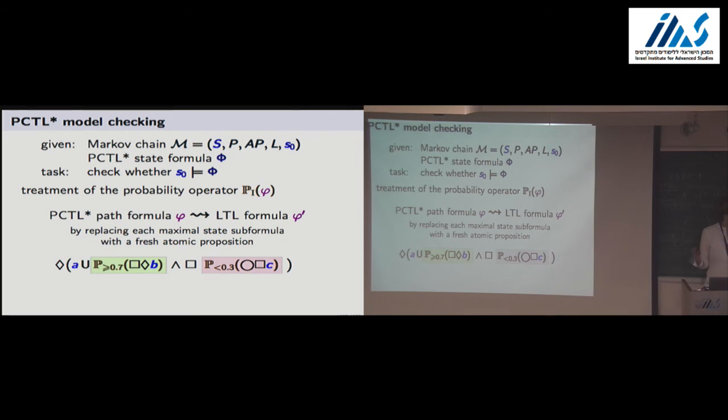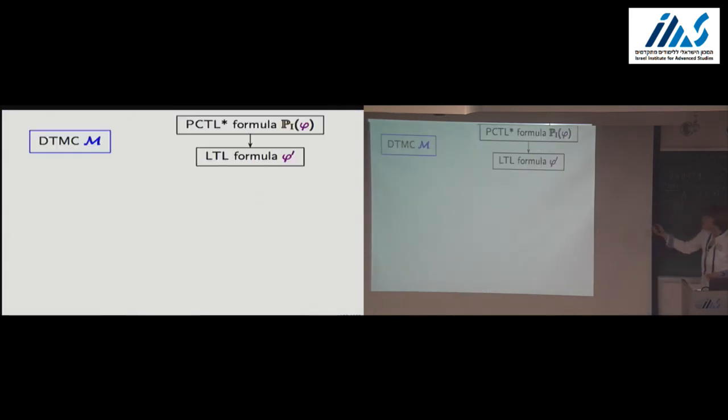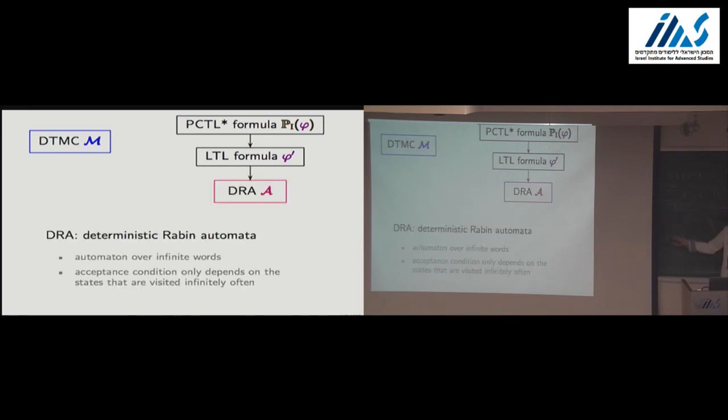Then we compute their satisfaction sets, and then we can simply do a syntactic replacement of this green and this rose formula with a fresh atomic proposition. So in the end, this would give us eventually A until D for this formula and always E. And now what we have here is a proper LTL formula. We do not have nested probability operators anymore. Which means this is the step from a PCTL star formula to an LTL formula.